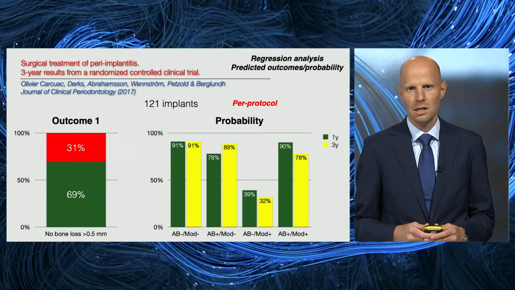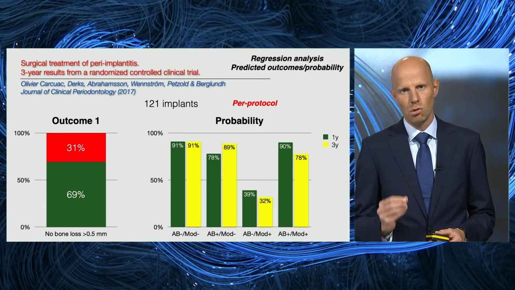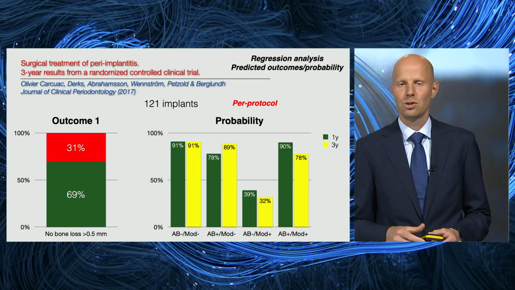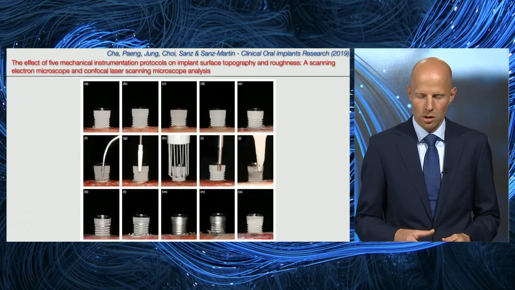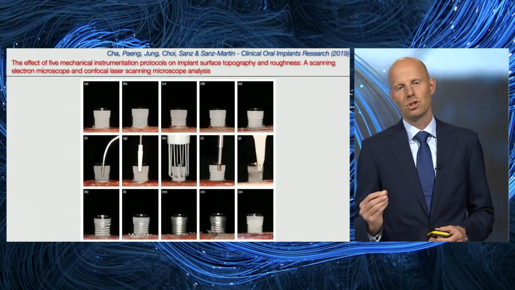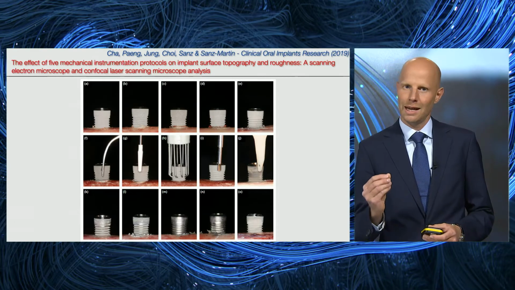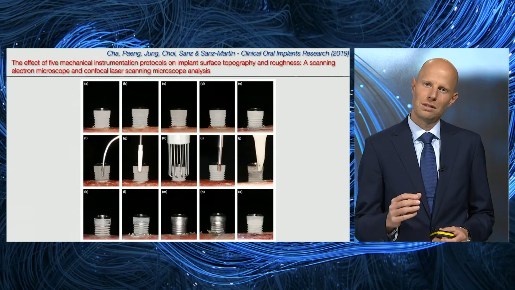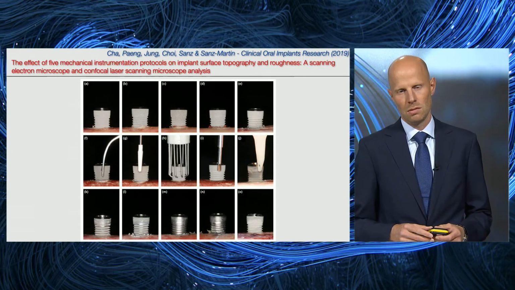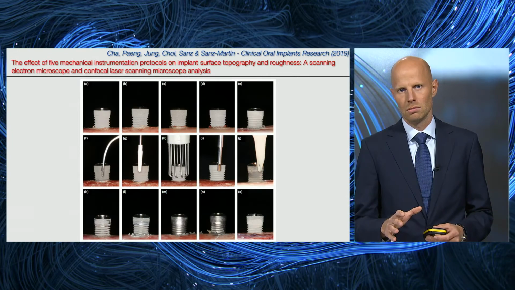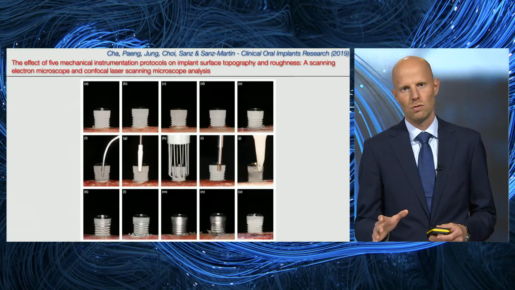And you have already seen us using the rotating titanium brush as the key instrument in our workflow. I will add now some support based on in vitro lab study, using an electron microscope to evaluate different modalities to clean. In this particular study, no bacteria, no contamination was involved.